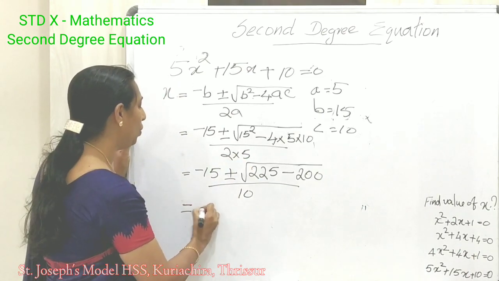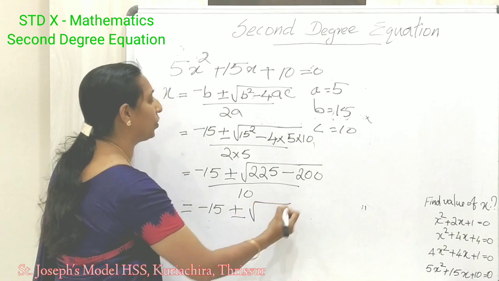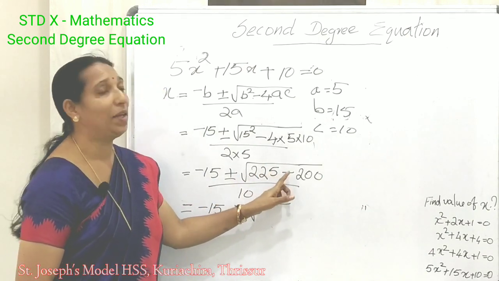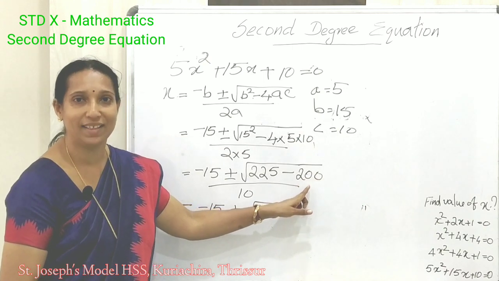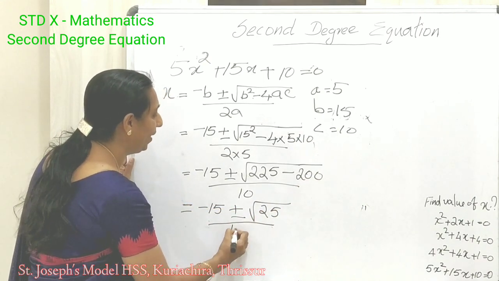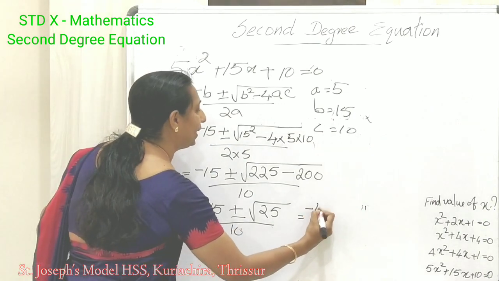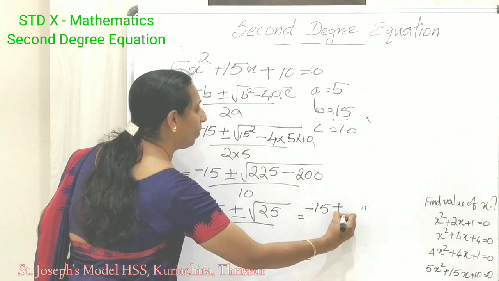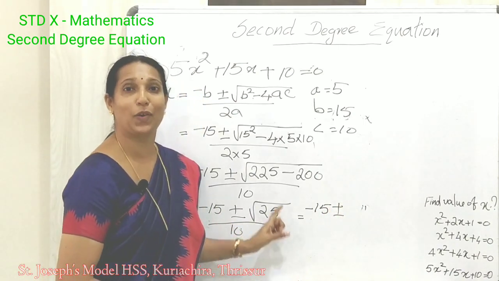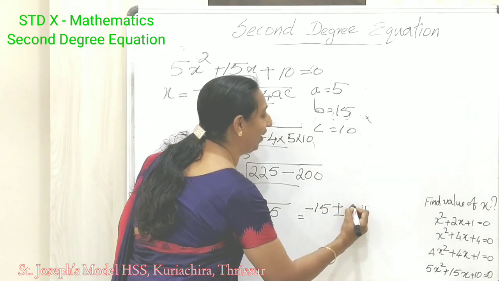That is equal to minus 15 plus or minus root of 225 minus 200. What is the answer? 25. All divided by 10. That is equal to minus 15 plus or minus, what is the value for root 25? You know, root 25 is equal to 5.